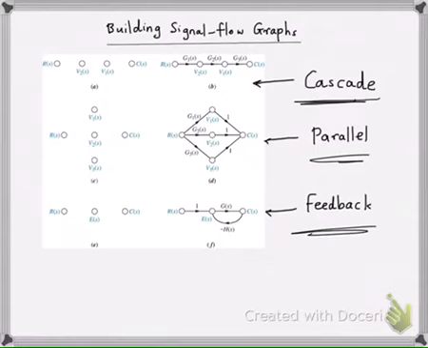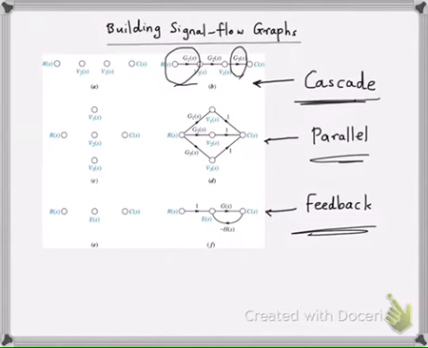As an example in cascade, you see that we have R, V2, V1, and C in figure A. This represents the signals. What connects each pair of signals is going to be the systems, and that's exactly what you see here. For example, between R and V2 we have a system G1. Between V2 and V1 we have G2, and between V1 and C we have G3.